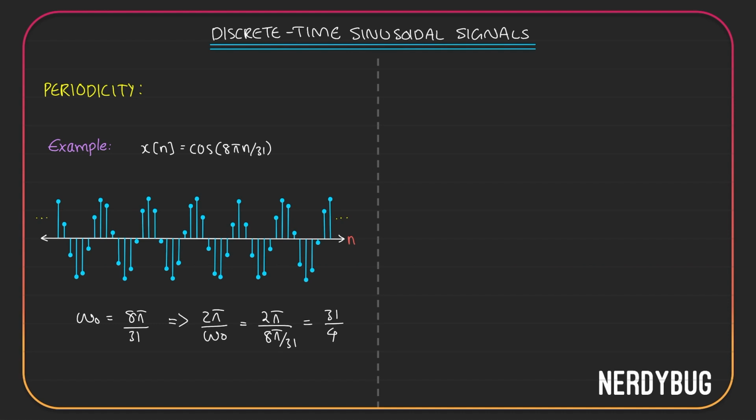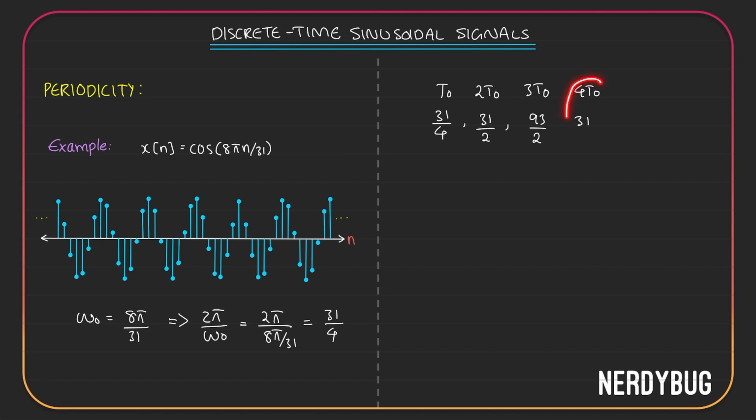Let's compare with the continuous time signal. It must have repeated after 31 by 4. So, this must be its T naught. The next point where it repeats should be 2T naught, that is 31 by 2. The next point must be 3T naught, that is 93 by 4. The next point must be 4T naught, which is 31.